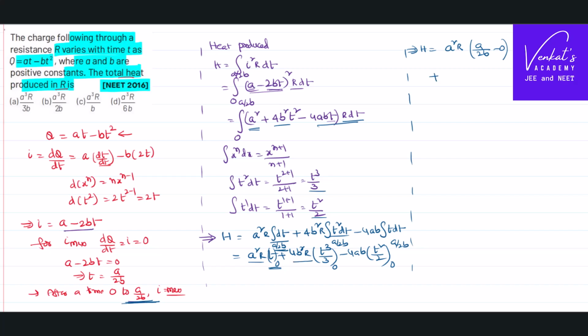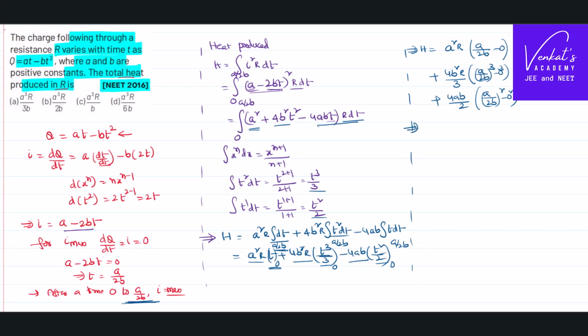For the second term, 4B square R by 3 can be taken out, with A by 2B whole cube minus 0 cube. For the third term, 4AB R can be written outside, with A by 2B whole square minus 0 square. That's what our answer is.